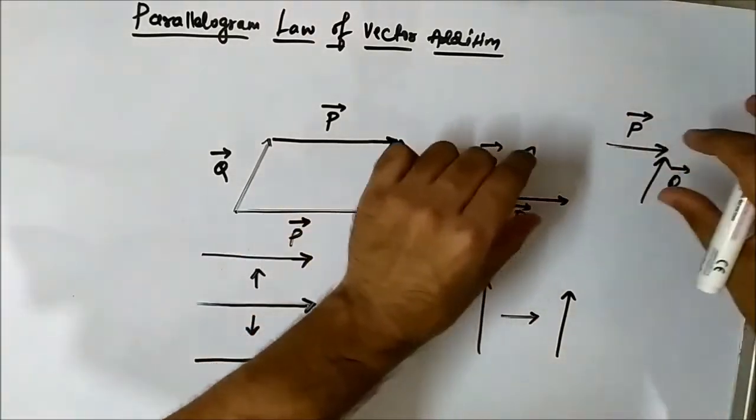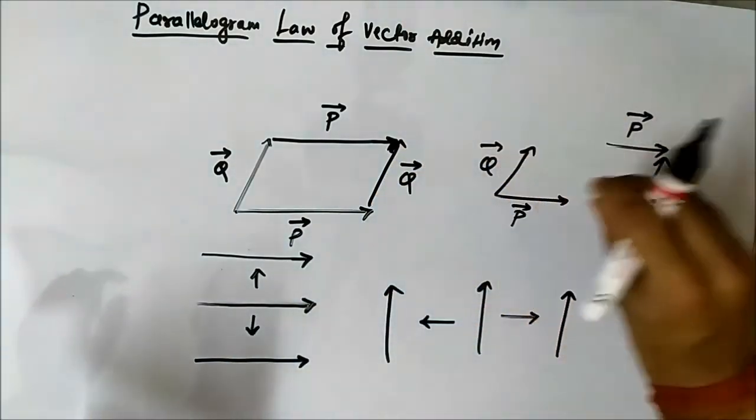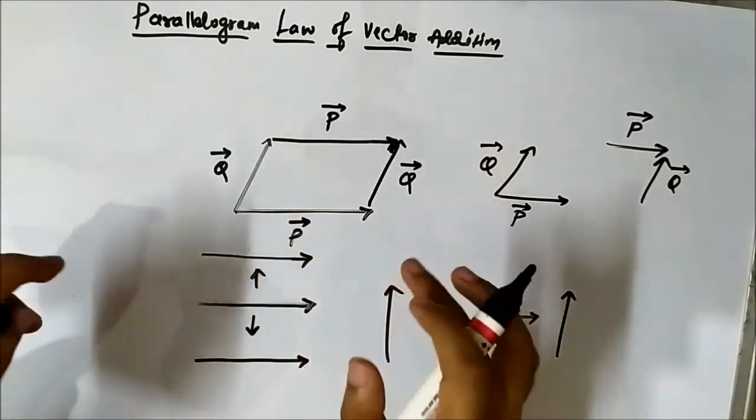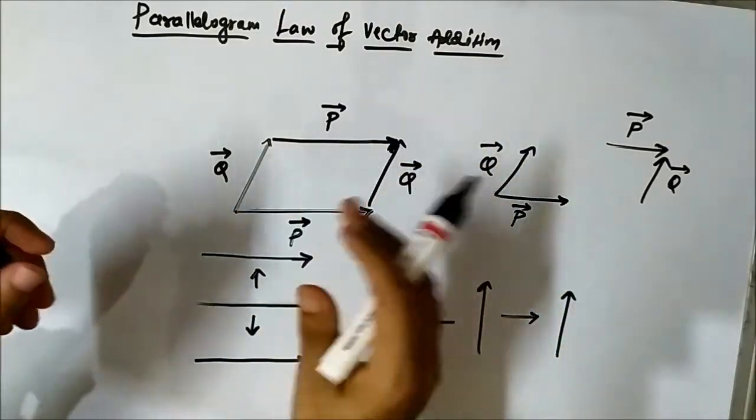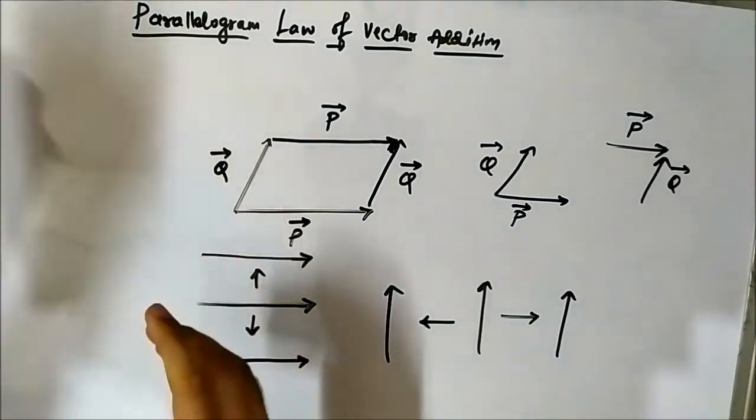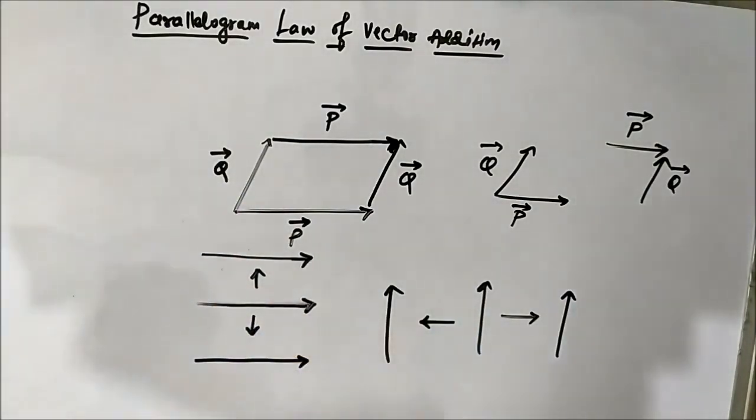If we join both of them together, the two systems will form a parallelogram. Just to form the parallelogram, we perform this shifting.